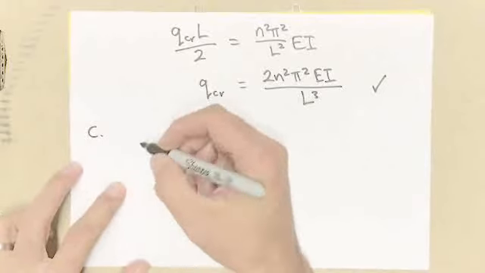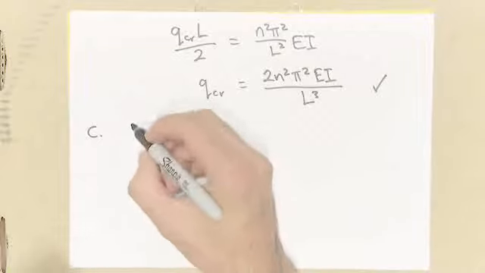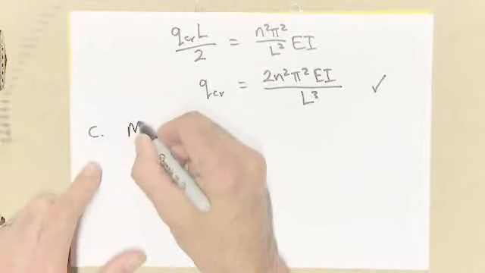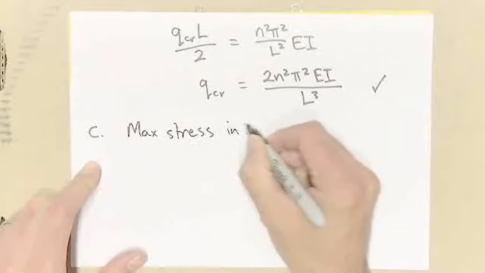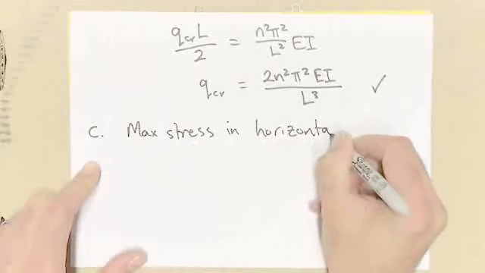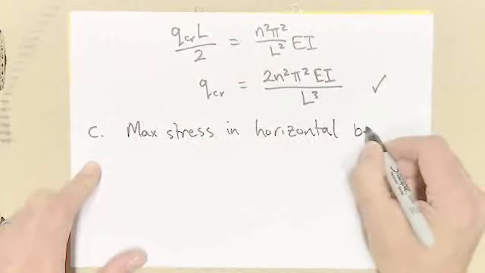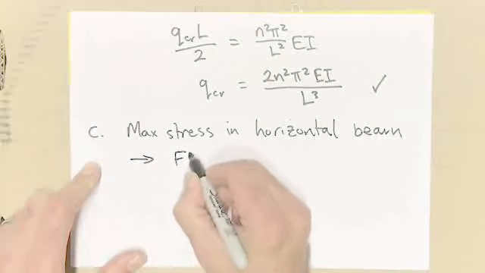As soon as you hear the words maximum stress in a horizontal beam, you think flexure. So max stress in horizontal beam means flexure.